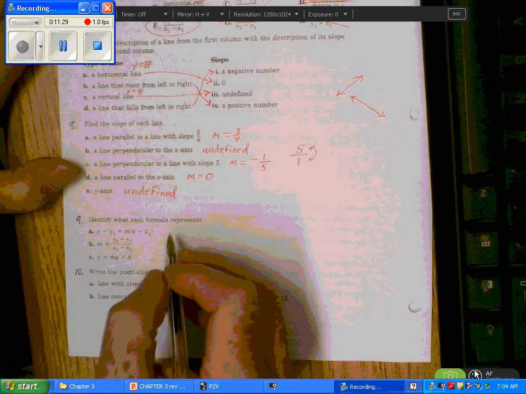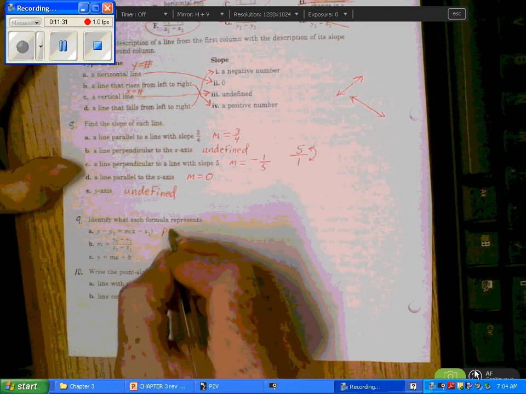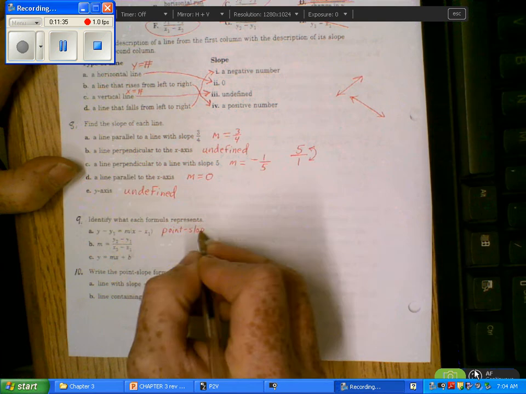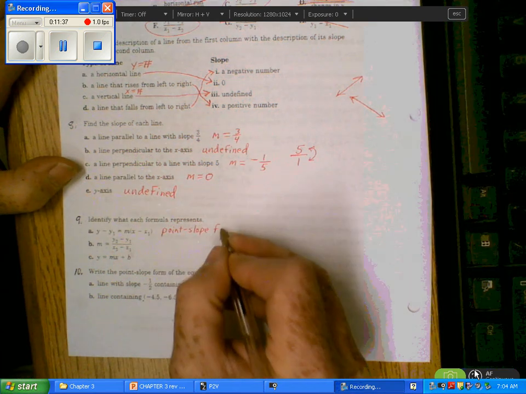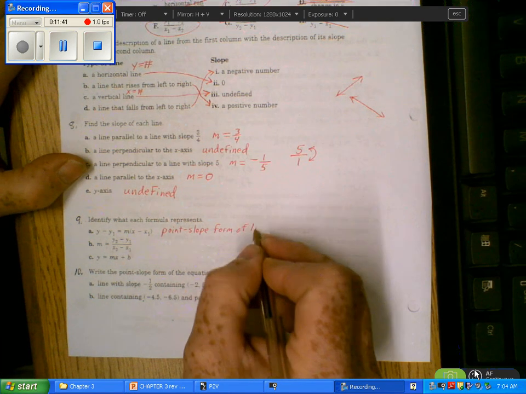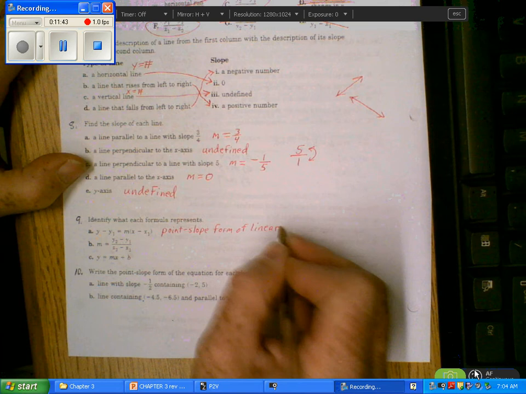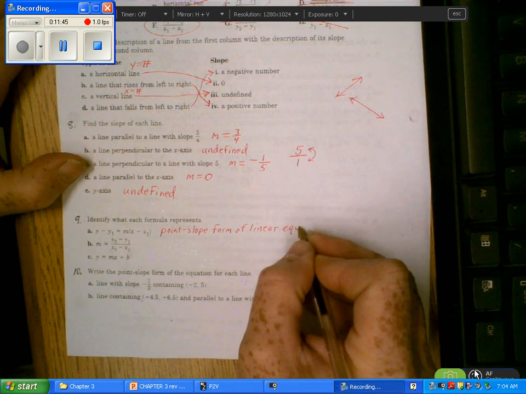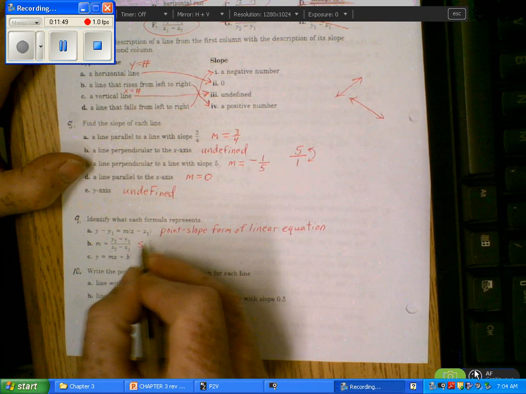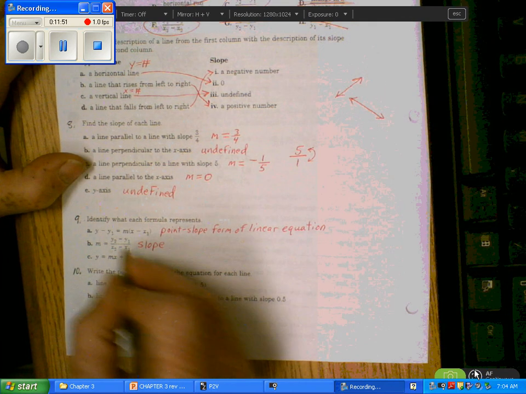Identify what each formula represents. This is the point slope formula of a linear equation, so of a line. This is the actual slope formula.